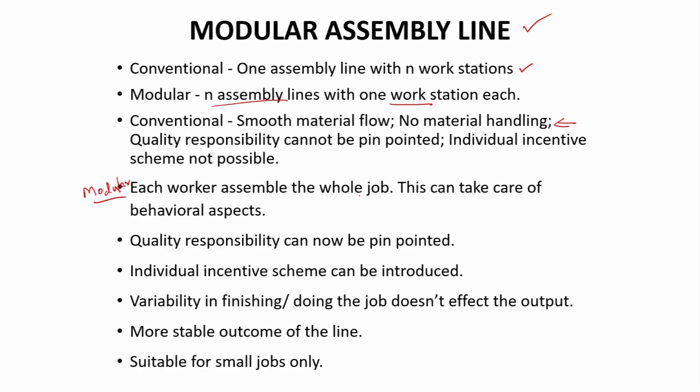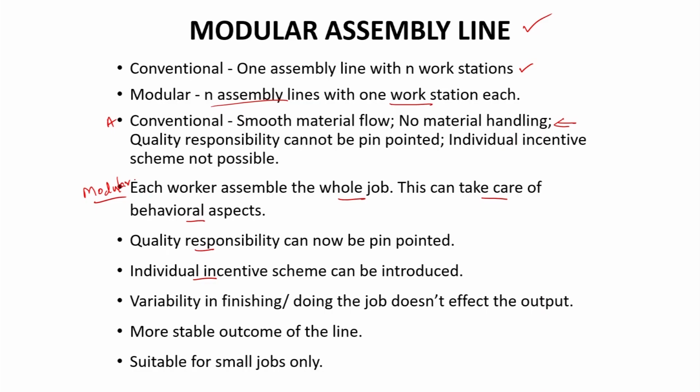But in the modular assembly, each worker is assembling the whole job. So, this can take care of the behavioral aspects, quality aspects also, and individual incentive scheme can be implemented. Okay. So, in a conventional system, material flow is smooth, but there is a problem of quality responsibility, and individual incentive scheme is not possible.